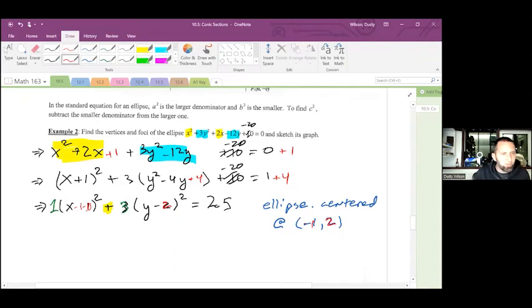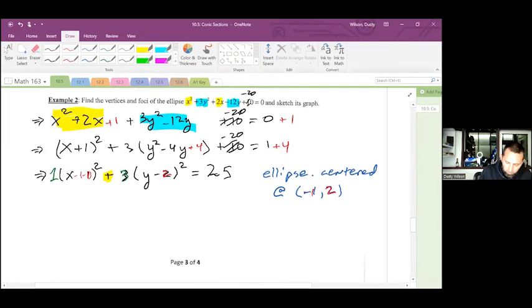So we know where our ellipse is centered. Now we've got to find the vertices of our ellipse. So to find the vertices of our ellipse, what we could do is put ourselves onto either the major axis or the minor axis and see what happens. So my key values are x equals -1 and y equals 2.